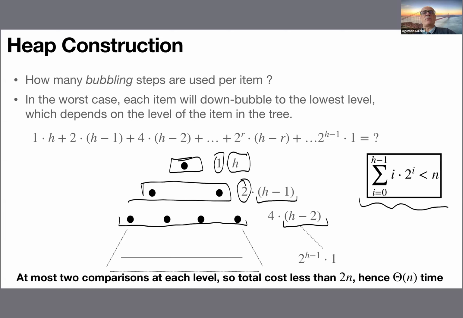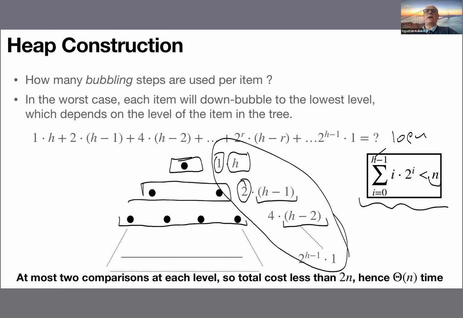The total number of moves, for i equal to 0 to h, where h is equal to log n, if you make this summation of i times 2 to the i from the series, from the algebra, we know that this is less than n. That is why even in the worst case, the total number of swaps cannot exceed this value.